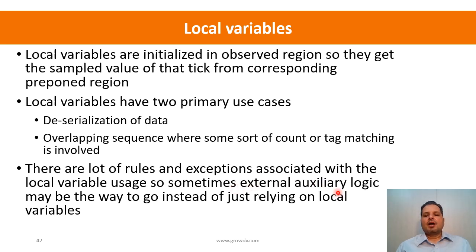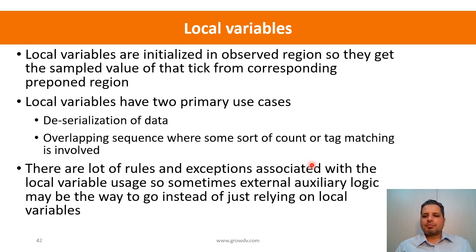When such rules or exceptions are violated in a local variable based implementation, just remember that at that point you should build external auxiliary logic. The idea is that local variables are a way to implement logic within your sequences, and the ability to do that is limited.